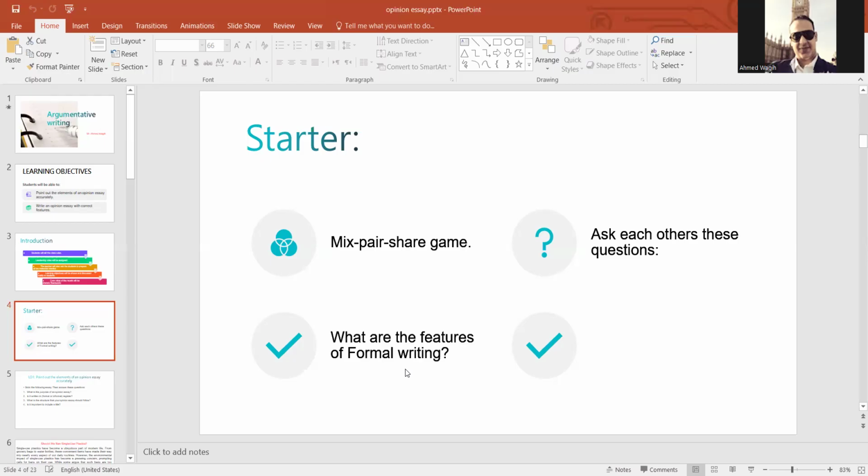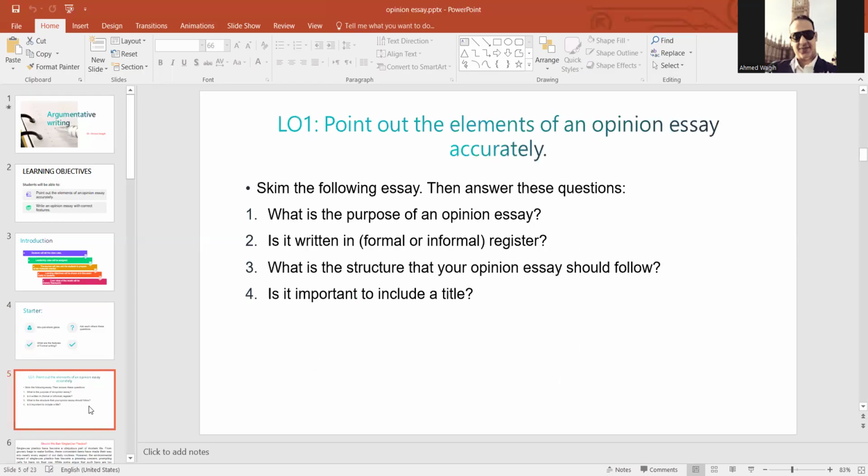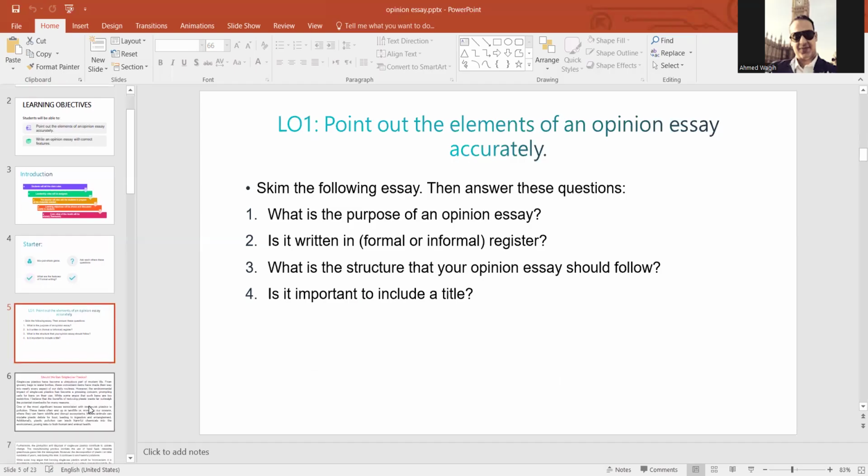Try to use formal linking words and phrases. Avoid using simple language, simple vocabulary, idioms, short forms, figurative language. Avoid expressing your feelings. What else? No short forms. So formal writing, you're familiar with it this year, or our tasks are formal, or our essays are formal.